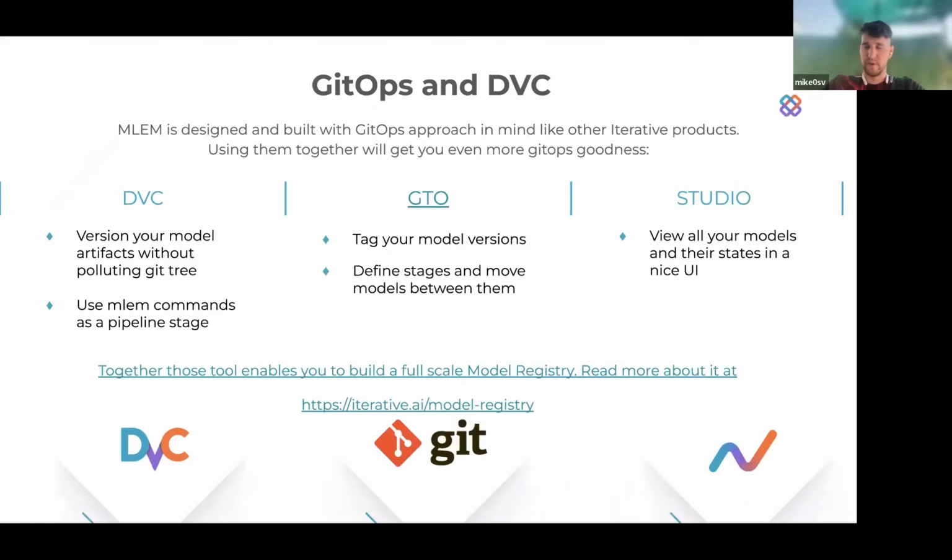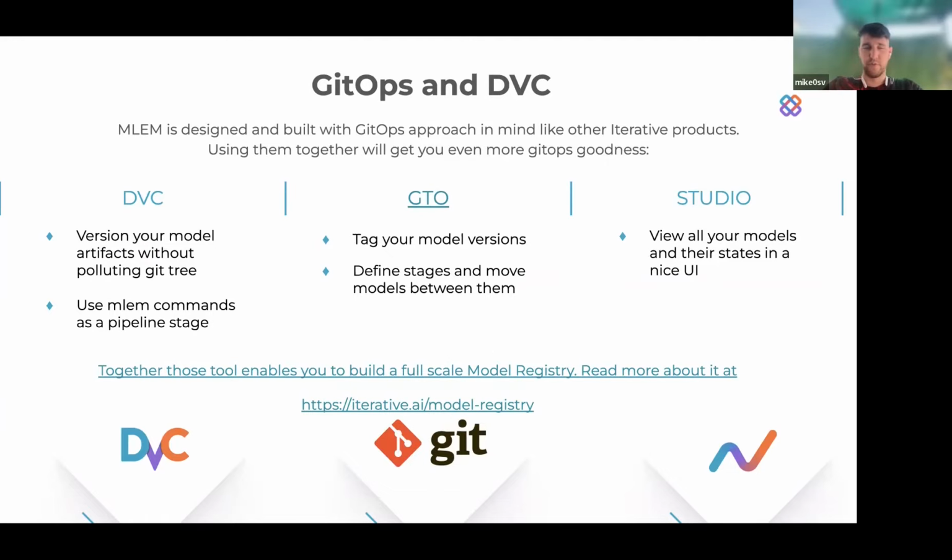Also, a very important part of our tool is that it is built with a GitOps approach. That means that your Git repository, where you have your code for training, for validation and stuff like that, is the central point of all. And you can use MLEM with DVC, which I think pretty much everyone is familiar with, at least with what DVC does.